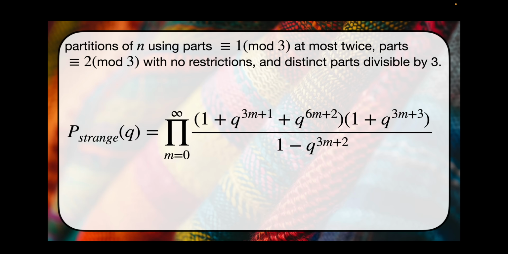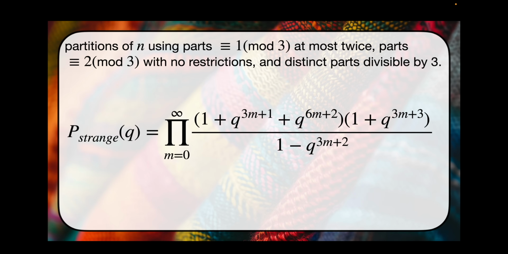We've got 1 plus q to the 3m plus 1 plus q to the 6m plus 2. Notice that is 3m plus 1 times 2. And so that would correspond to using parts of the form 3m plus 1, either 0, 1, or 2 times.